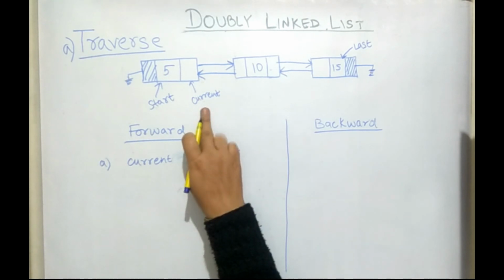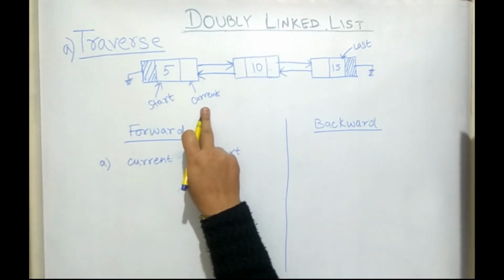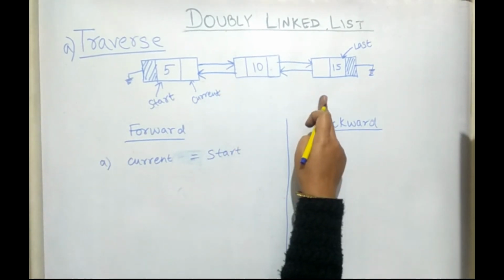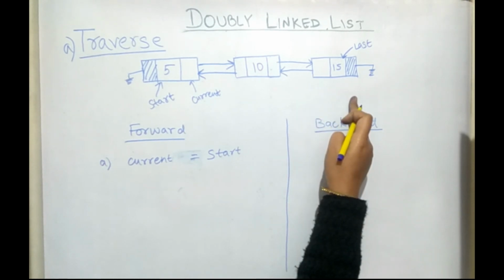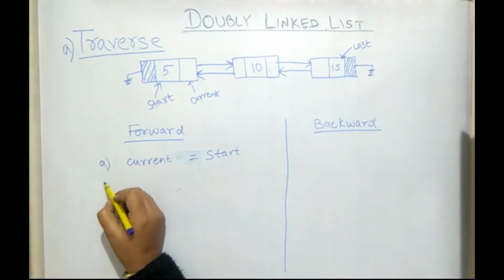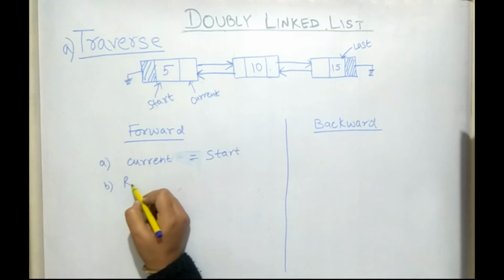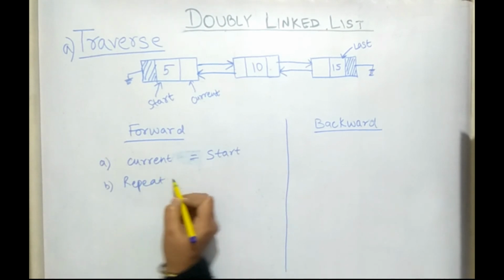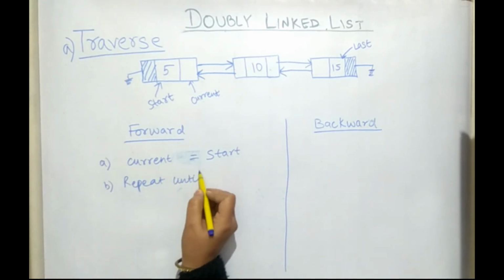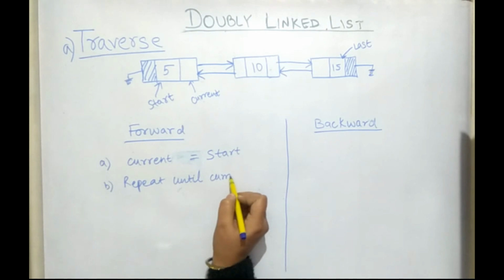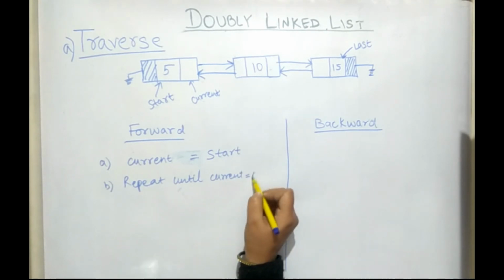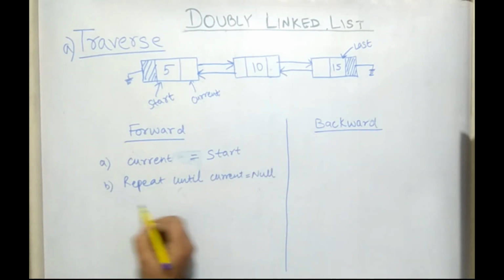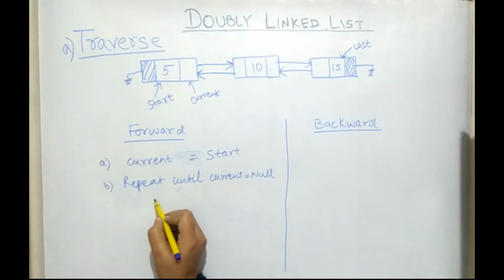Now we have to move current to next until current becomes null. So in the second step, we have to repeat some steps until current becomes null.